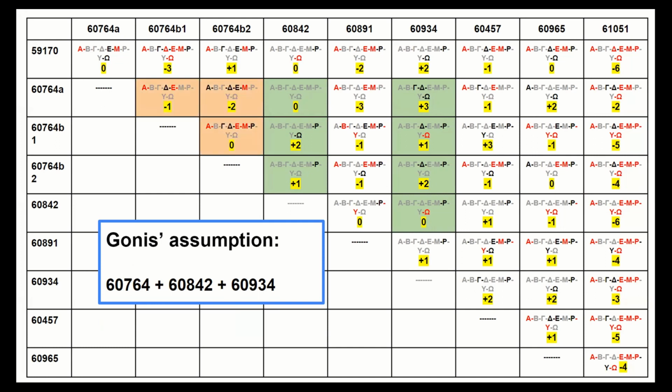And then another conclusion we weren't looking for is that the 3 fragments of the TM number 6764, the 3 images, have striking differences from one another.